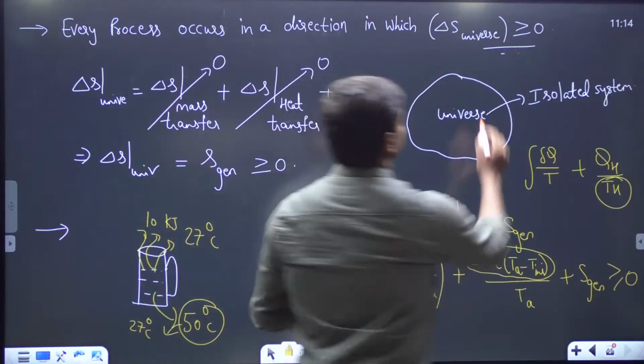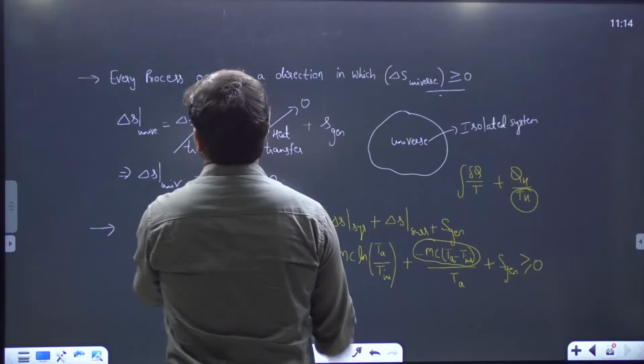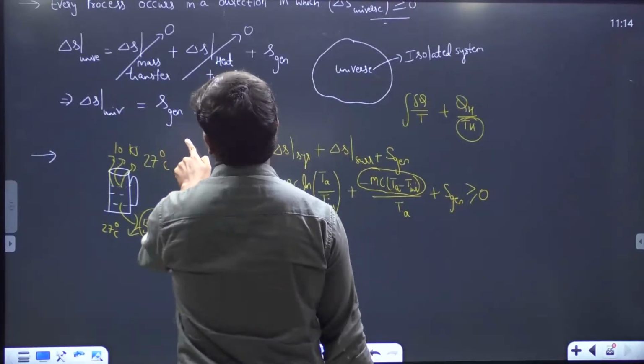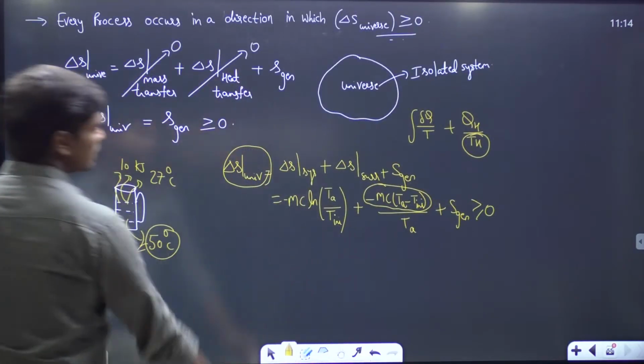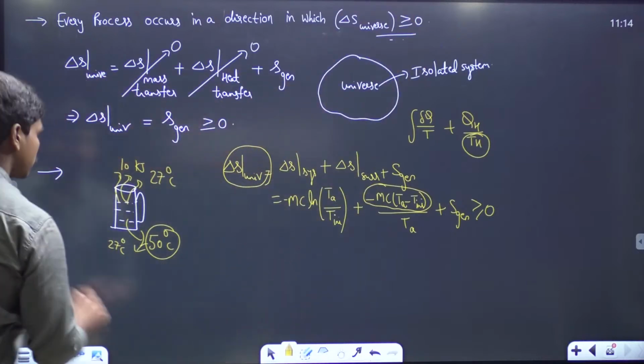Okay, so you can write, if you want, the second law tells us the direction in which the process has to occur, because every process should occur in the direction where delta S of universe is greater than or equal to 0.